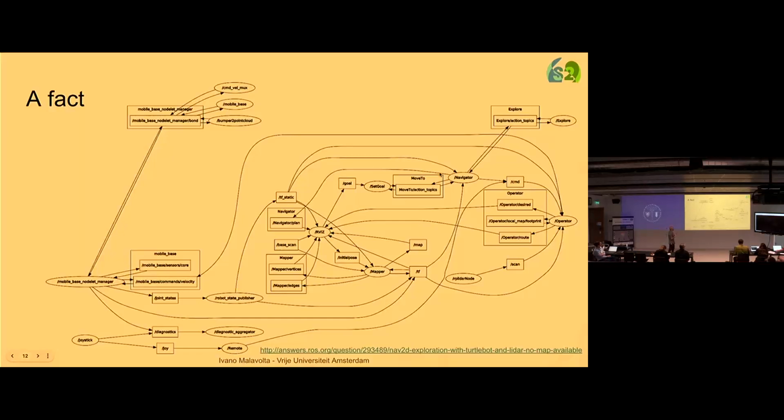The problem that we want to solve is that this is a very basic robot, so it doesn't have a lot of intelligence, or it's not super complex. But already, if you look at the architecture, at how these nodes are organized, it's not super trivial. If you want to be sure that a crash here is not impacting something else here, the problem starts to be a bit complex.